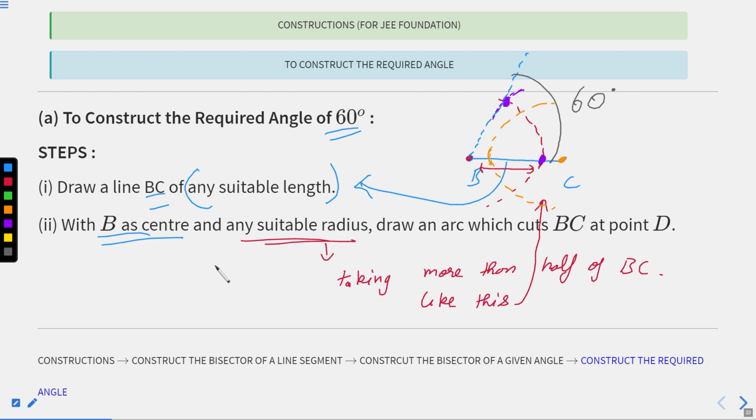Let me go through it once again. In the first step, I drew a line segment of any suitable length.